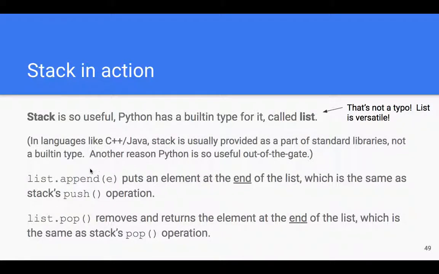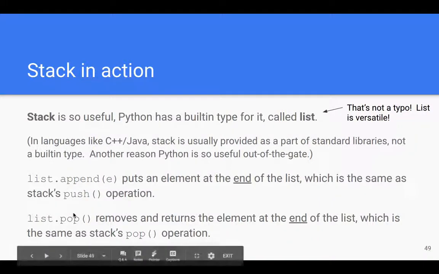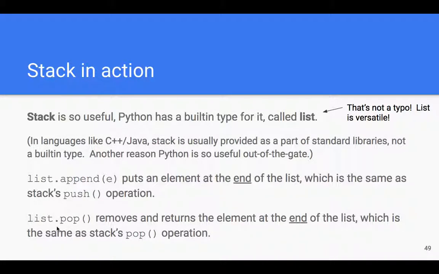Well, as it turns out, we already used the append method quite a bit on a list, right? So that puts an element at the end of the list. So append is equivalent to a stack's push operation. And lo and behold, list actually has a pop operation.